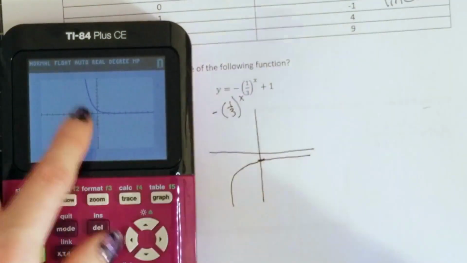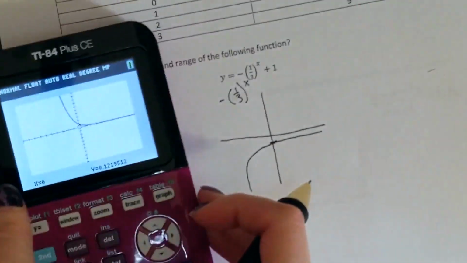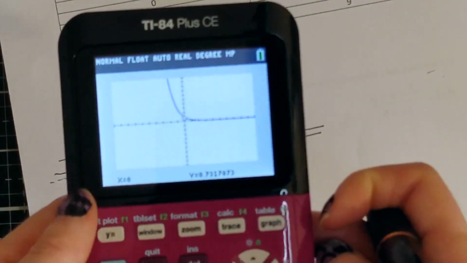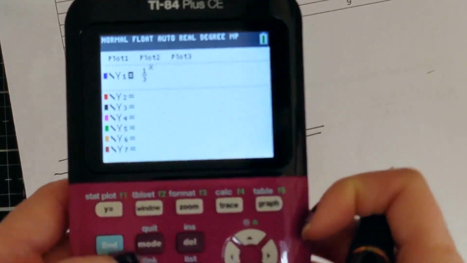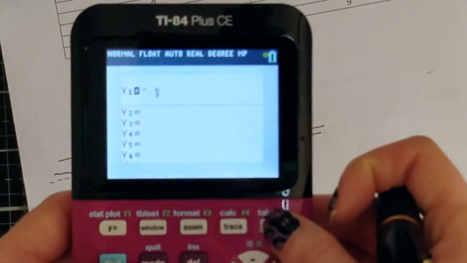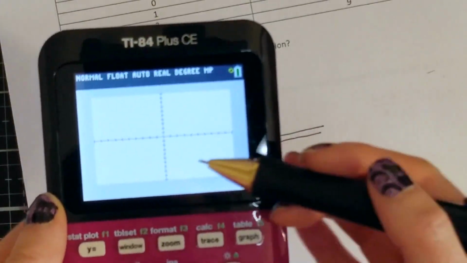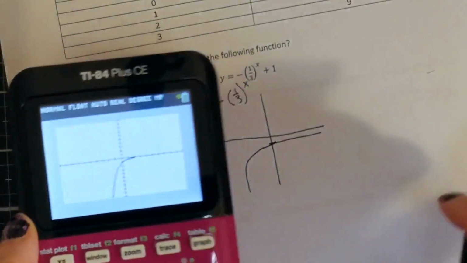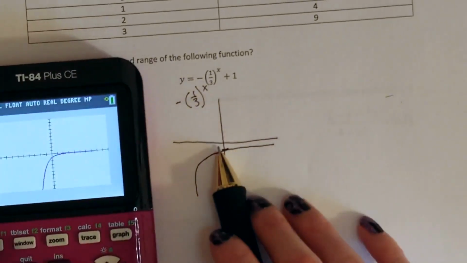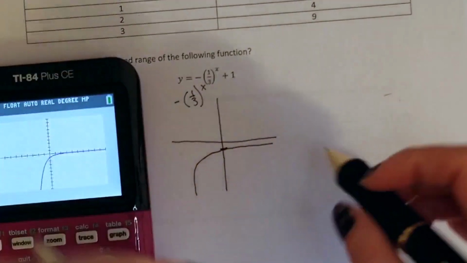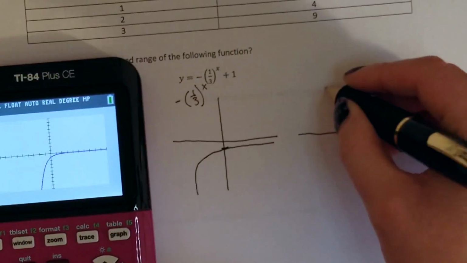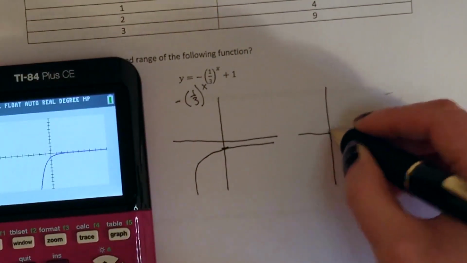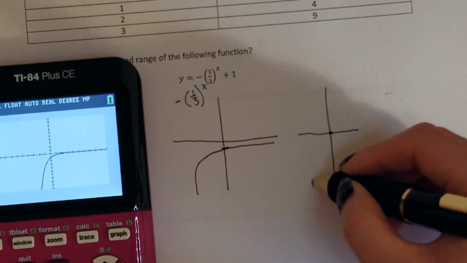Okay, so you can see right here, my calculator's starting to turn off, that it crosses the y-axis at 0, 1, and then if I add in the negative in the front, you can see it's going to cross at -1 right there. Okay, so that is that. Now when we add in the 1, it's going to shift the graph up 1 space. So now it's going to cut through 0, 0.